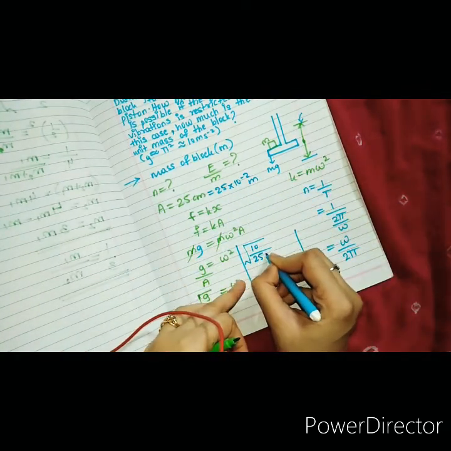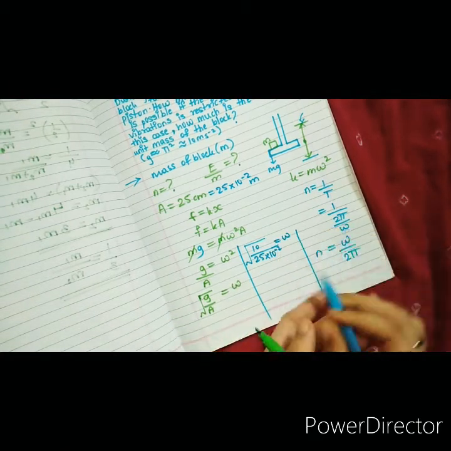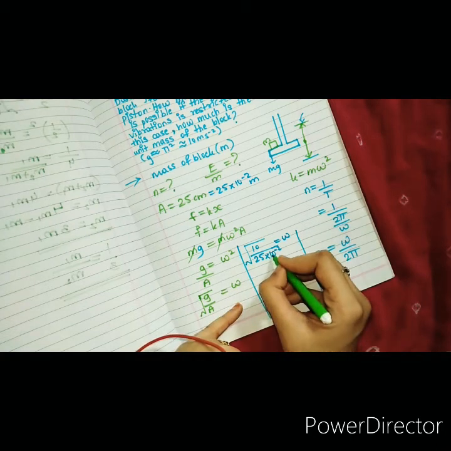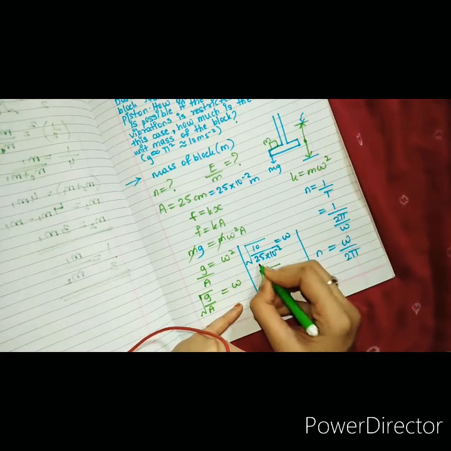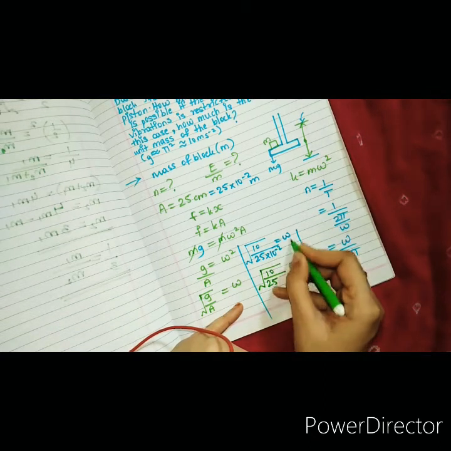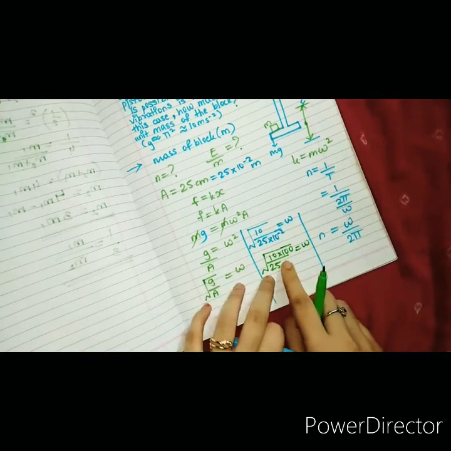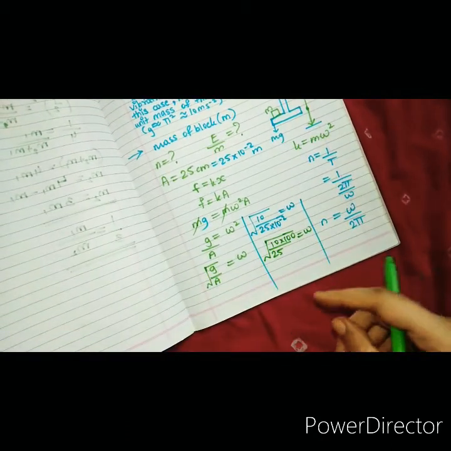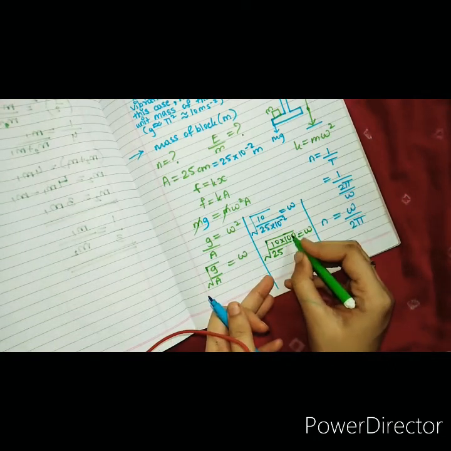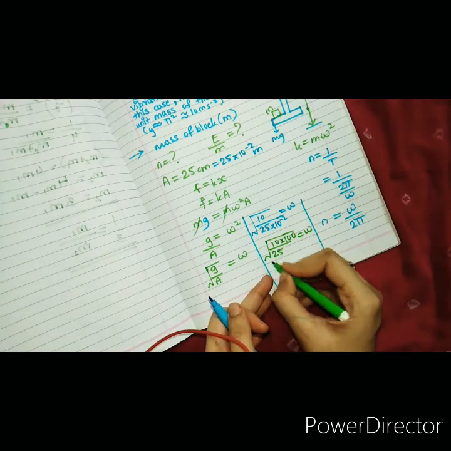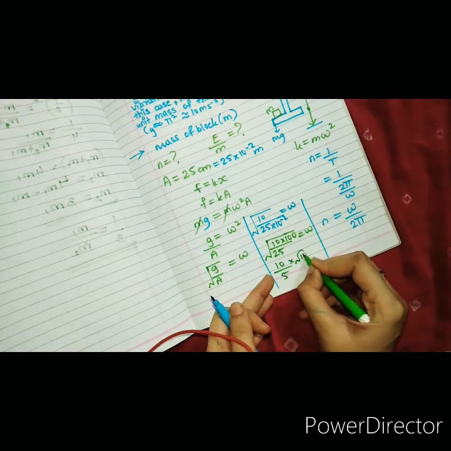And here I have omega. 10 as it is, 25, and I'll take this 10 raised to minus 2 in the numerator. 10 raised to minus 2 is nothing but 100. As it goes in the numerator, it becomes positive. So I'll remove them outside the bracket. 100 outside the square root, that is 10. 25 is 5, and under root of 10.